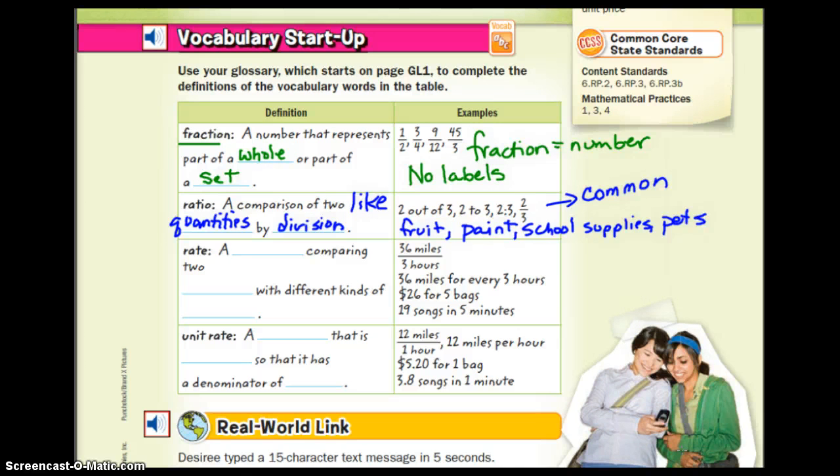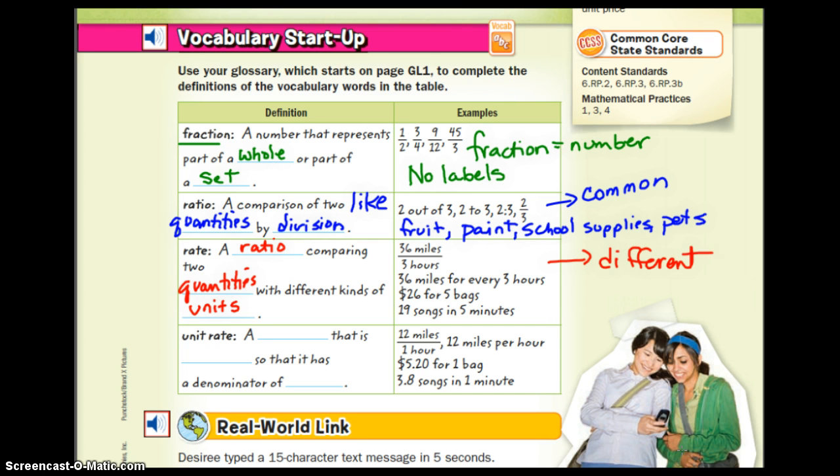On the other hand, a rate is a ratio that compares two quantities with different kinds of units. So again, the key word here is different.